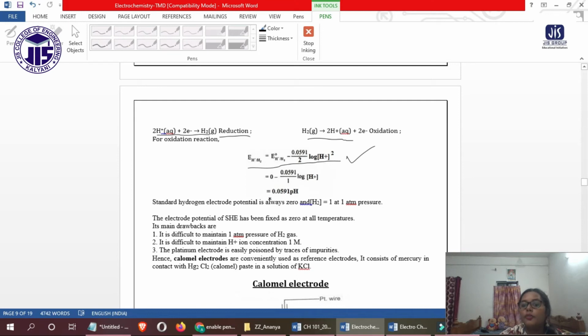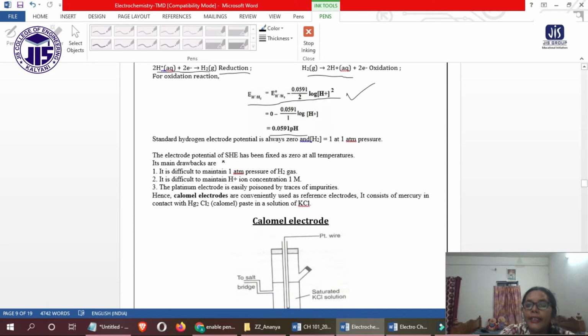From this we can get that this is the pH of the standard hydrogen electrode. The standard hydrogen electrode potential is always 0 at 1 atmospheric pressure. The electrode potential of the standard hydrogen electrode has been fixed as 0 at all temperatures.